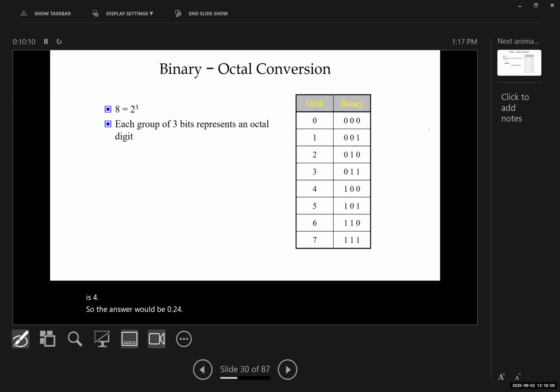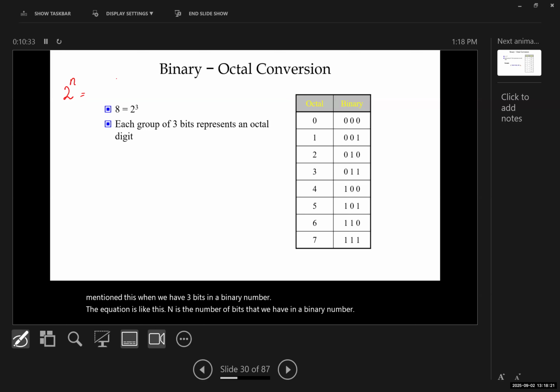Now for binary to octal conversion, this table is again very important, and I've already mentioned this. When we have 3 bits in a binary number, the equation is like this. N is the number of bits that we have in a binary number.